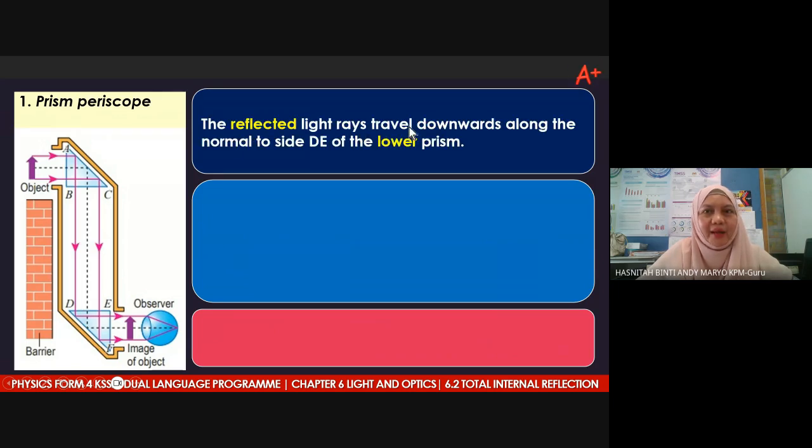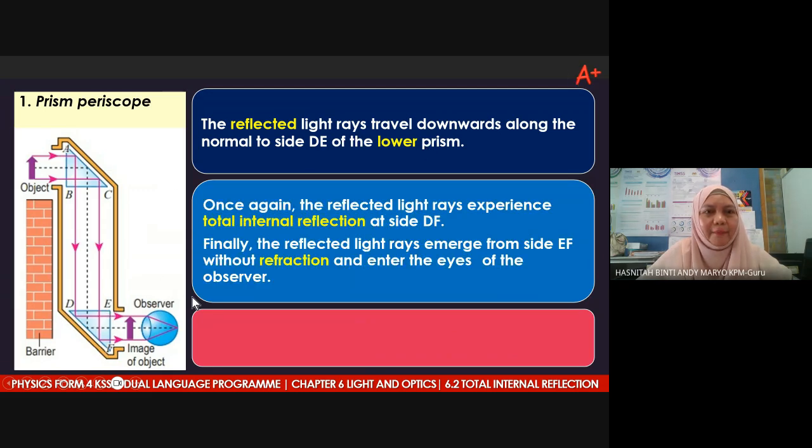So the reflected light travels downwards along the normal to side DE of the lower prism. So what happened here? Again, total internal reflection occurs at this side, DF. So finally, the reflected light emerges from side EF and enters the eyes of the observer.